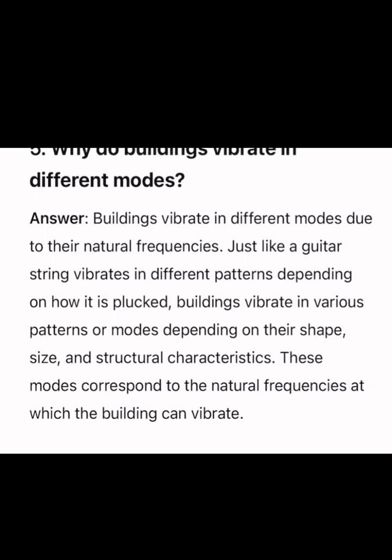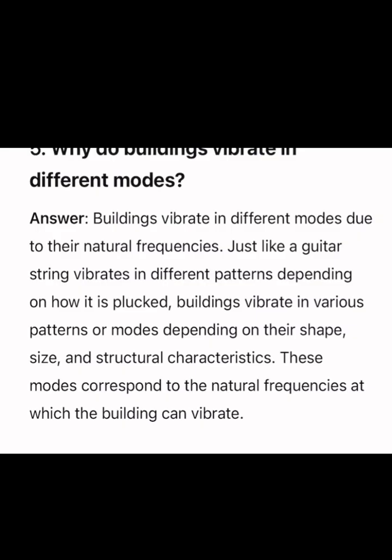Why do buildings vibrate in different modes? We can ask why it is not vibrating in only one pattern. It's vibrating in different modes. Why? Buildings vibrate in different modes due to their natural frequencies. Just like a guitar string vibrates in different patterns depending on how it's plucked. If you pluck the guitar string, it vibrates in different patterns depending on where it's plucked, how much it's tightened, all these things.